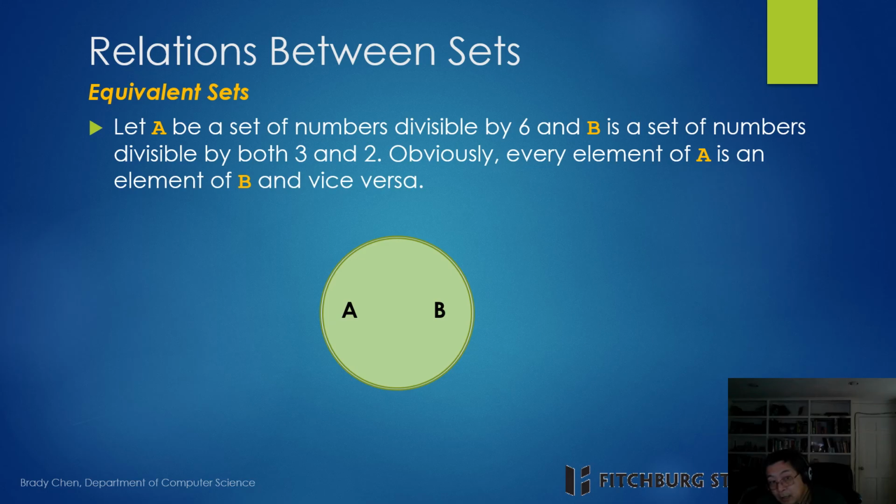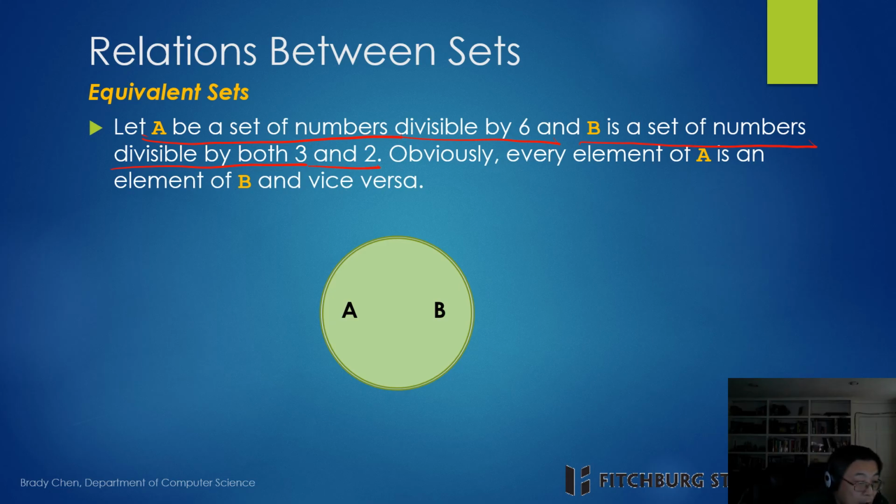Now here's another relation between two sets. Okay, so let's take a look at this example. Now suppose A is a set of numbers divisible by 6. Okay, now B is a set of numbers divisible by both 3 and 2. So now let's take a look at these two sets.